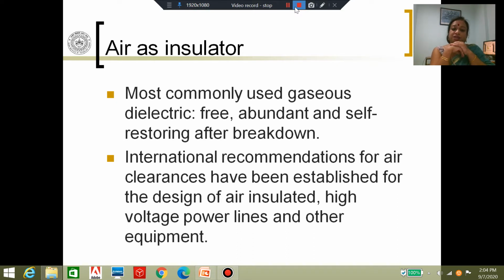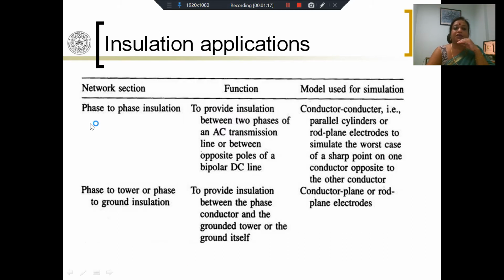There are, of course, international recommendations for air clearances when you need to design air insulated high voltage power lines and other equipments. For example, when we want to design the amount of air that is necessary for phase-to-phase insulation, we just have to provide adequate clearance, let's say, between two phases of an AC transmission line or between opposite poles of a bipolar DC machine.